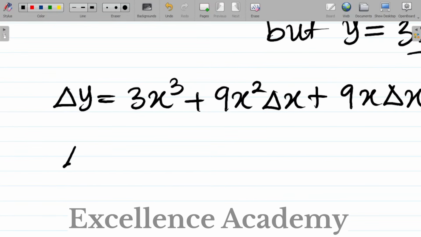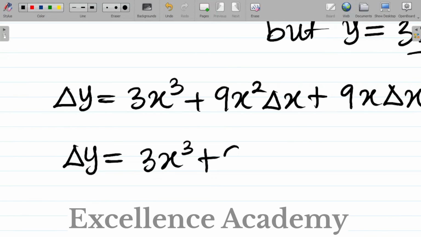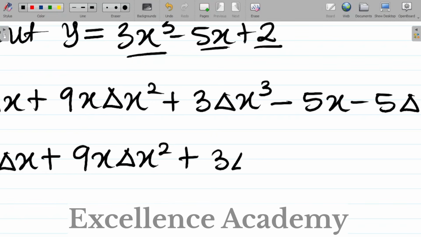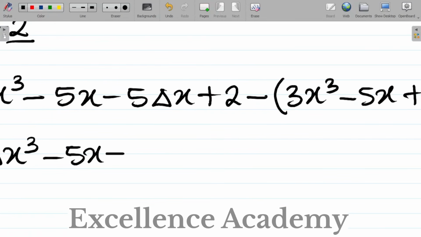Now when you're done with this, we'll expand the bracket. So we'll have that change in y is equal to 3x cubed plus 9x squared change in x plus 9x change in x squared plus 3 change in x cubed minus 5x minus 5 change in x plus 2.